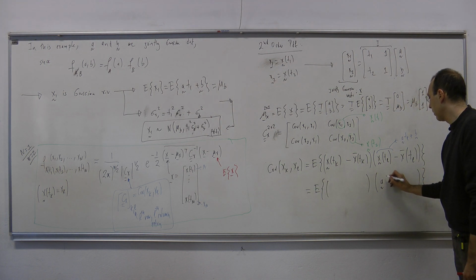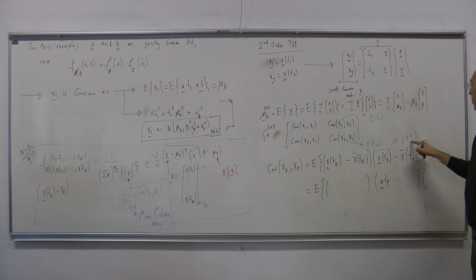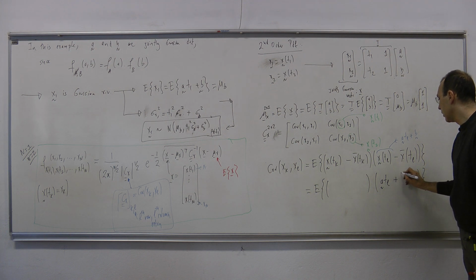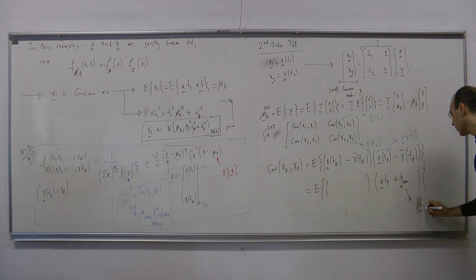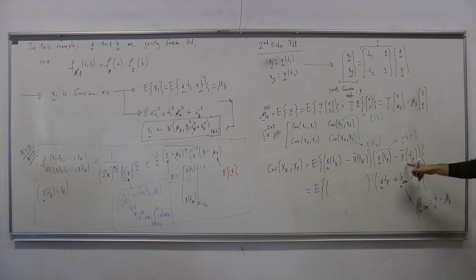This is a tl plus b random variable minus the mean of the b random variable. So let me write this plus b0 mean. So this is okay. This is b random variable minus the mean of the b, mu b. Because as you see, I have the mean value subtracted. Now this is 0 mean random variable.